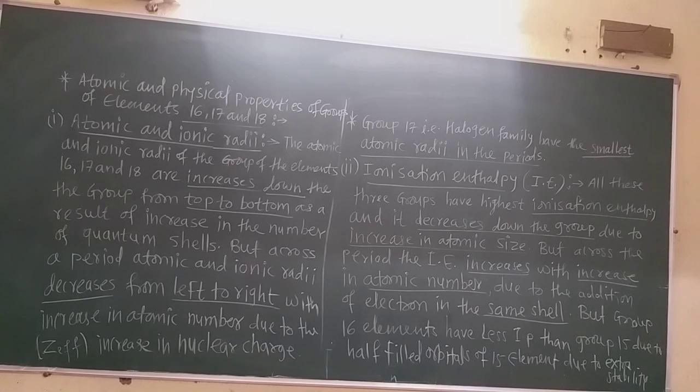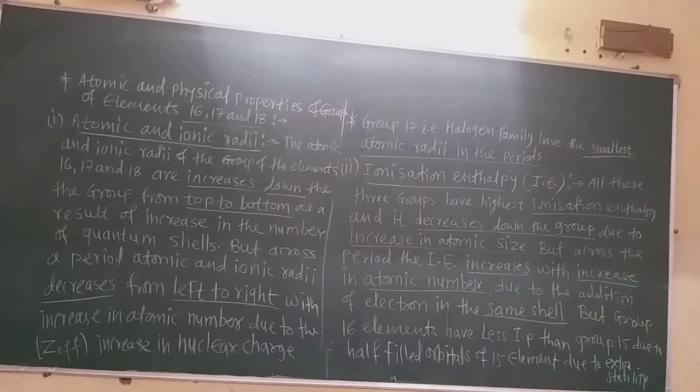But in the period what happens? The shell is the same, but the nuclear charge increases, and due to that the attraction of the nucleus to the outermost electron increases, and therefore ionization enthalpy increases in the period from left to right.